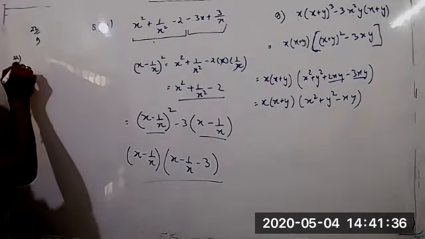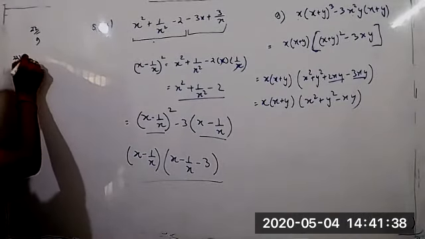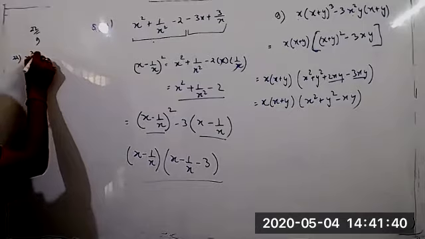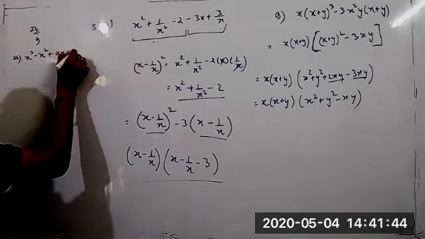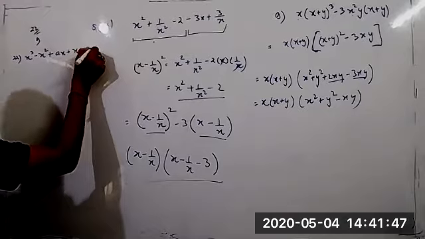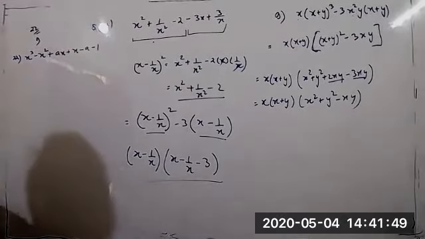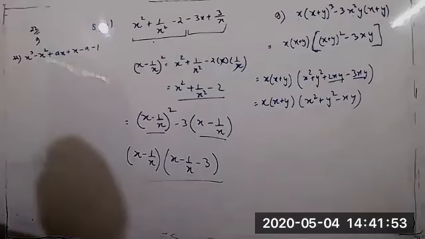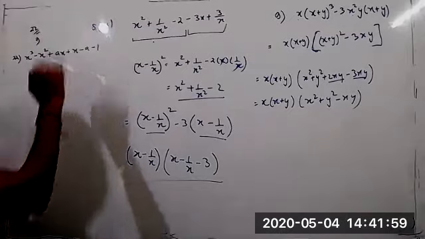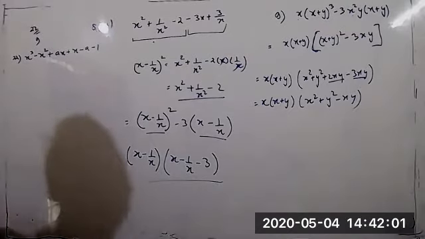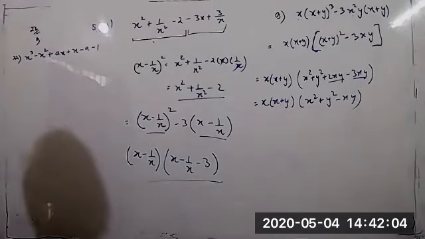Is it visible? Yes, sir. What all things you have to take common? How many? 1, 2, 3, 4, 5, 6. 6 pairs are there. So what you will take common?